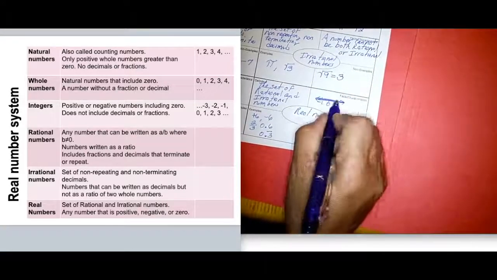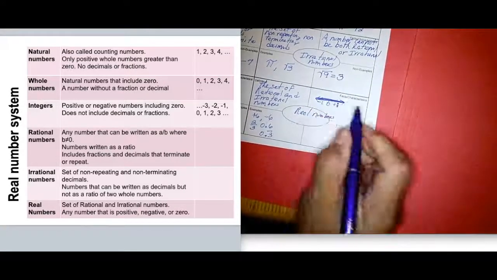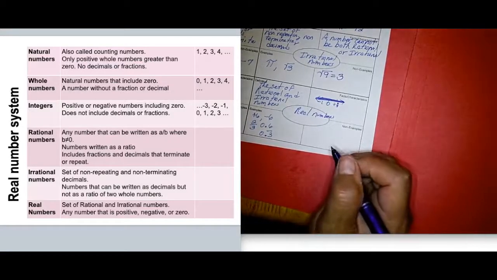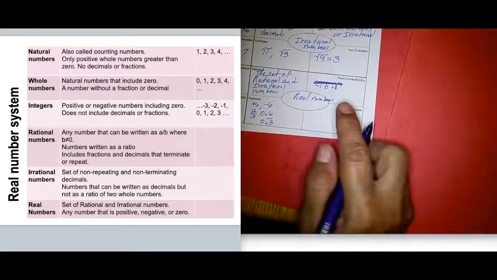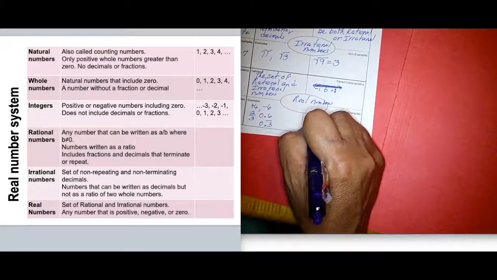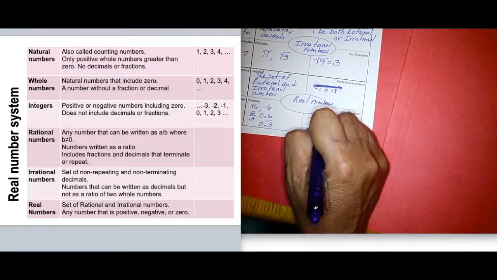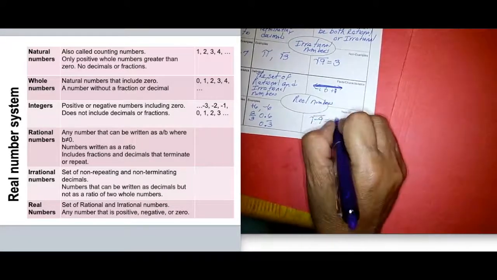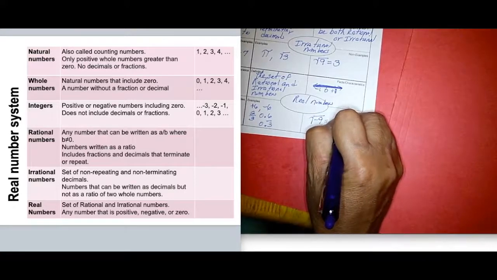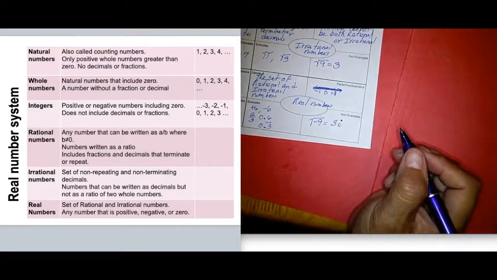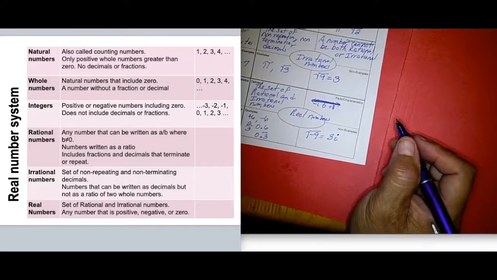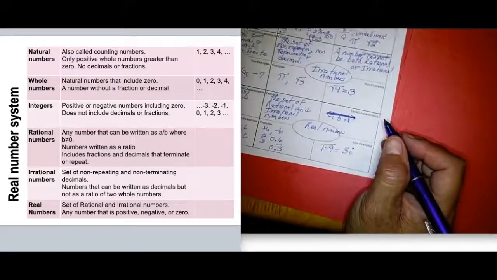There we go. So it would be a solid line. My non-examples would be my imaginary numbers. Remember in college algebra, we learned that the square root of a negative number was i. So a non-example of a real number would be imaginary numbers.